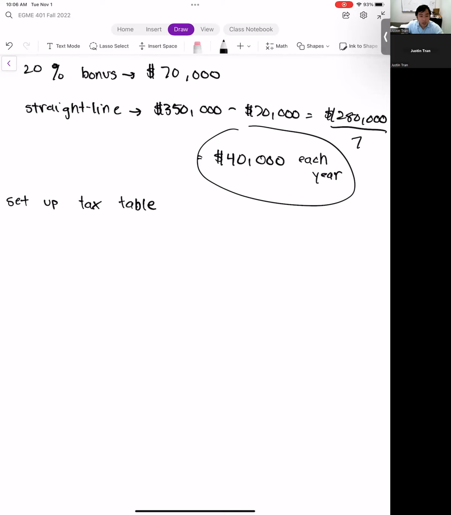So now that we have the depreciation values, we're going to go set up our tax table. Okay. So let me go ahead and set that up. And so we have one column for the year, one column for the before tax cash flow. So that's going to be either our initial cost or the revenue. We have another column for the depreciation.